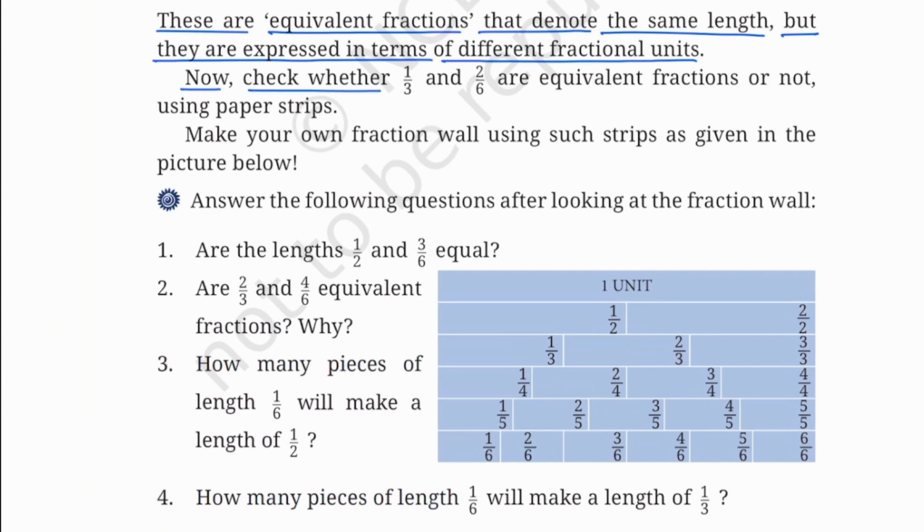Now, check whether 1 upon 3 and 2 upon 6 are equivalent fractions or not using paper strips. If you take a unit length paper strip and divide it into 3 equal parts such that one length is 1 upon 3.